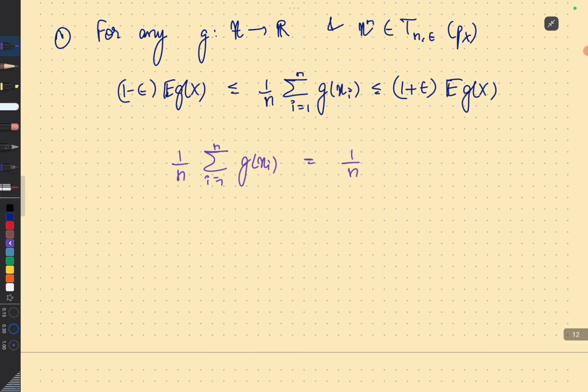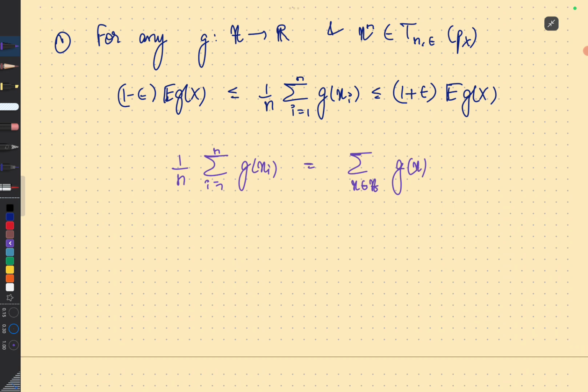It is just the sum over all possible x of g of x times the number of times the symbol x occurs in the sequence xn.